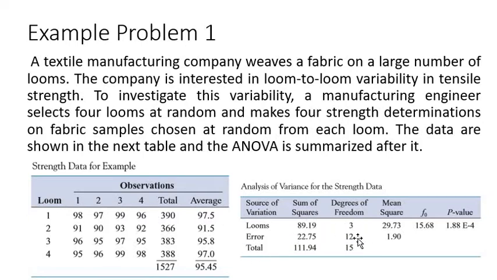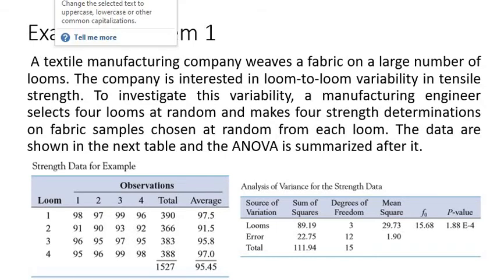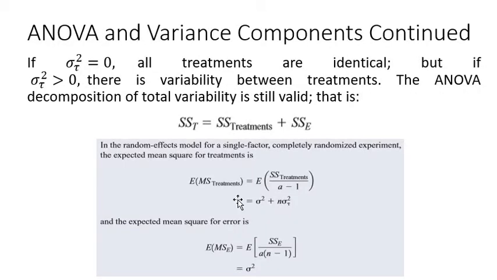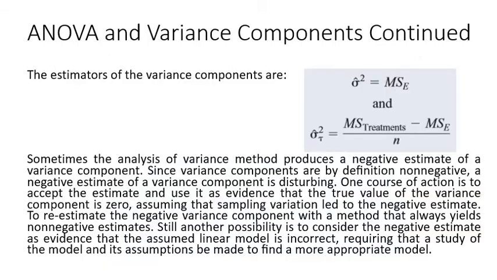For the error, the formula is A times the quantity n minus 1. With an n of 4, 4 minus 1 is 3, times A, which is 4, so it is 12. To get the mean square, you just use this formula for the treatment and for the error. You just substitute them there.